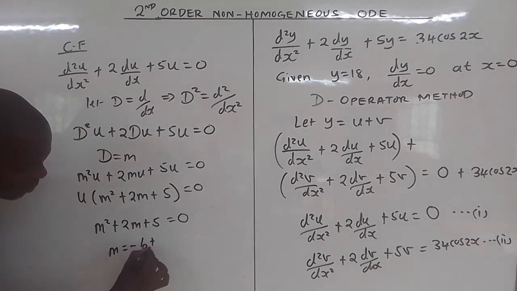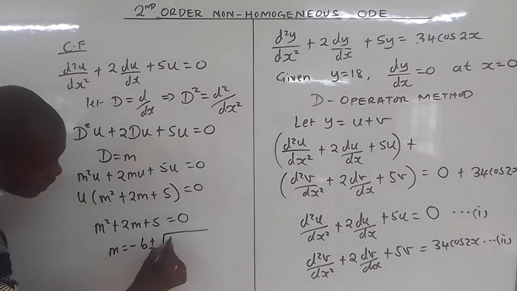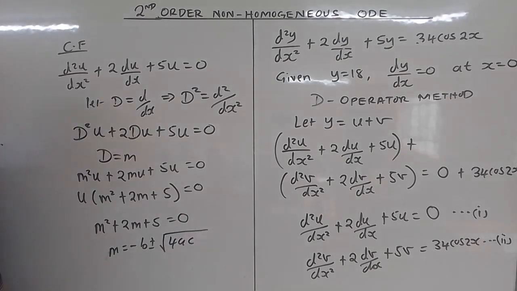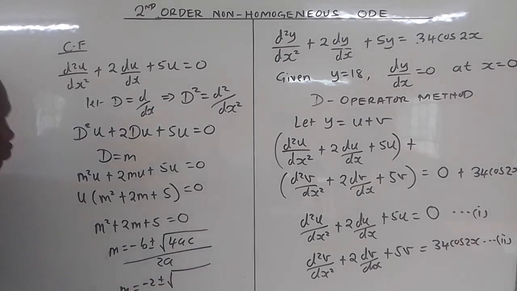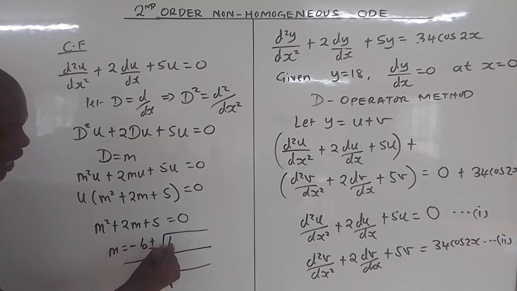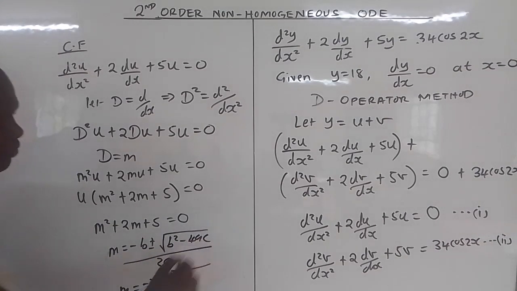m is minus b plus or minus the square root of b squared minus 4ac, over 2a. If you substitute, what do you get? m is minus 2 plus or minus the square root of b squared minus 4ac.